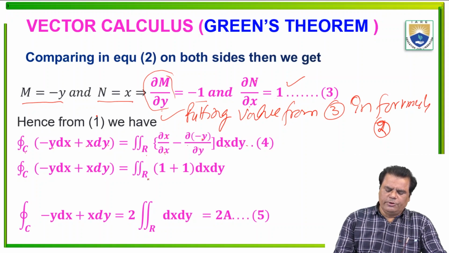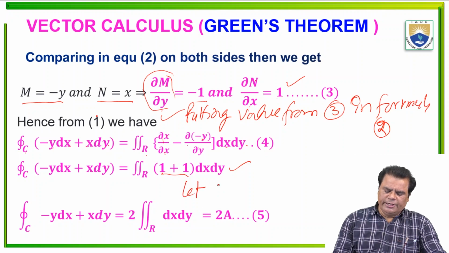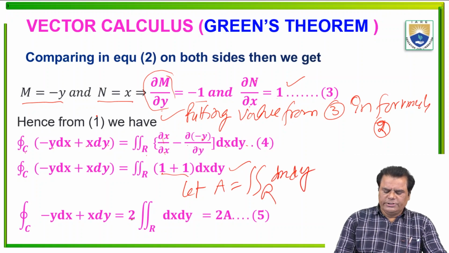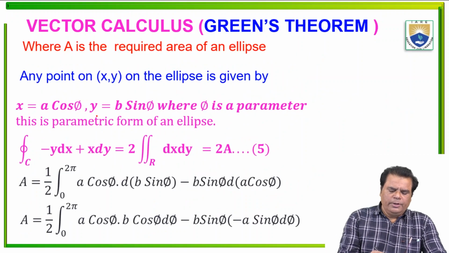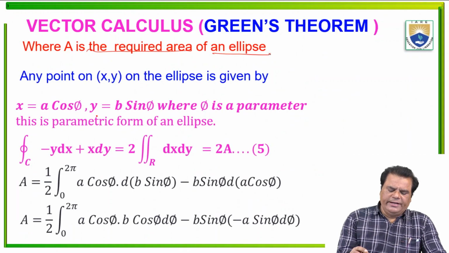So the double integral is 1 plus 1, dx dy, that is 2 dx dy. Let A equal the double integral over R of dx dy. So this is 2A.